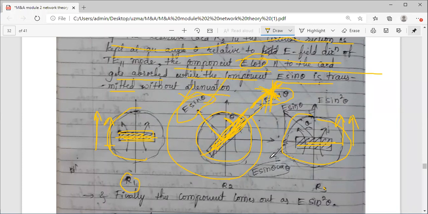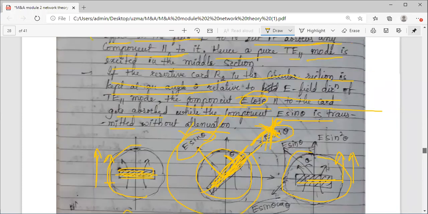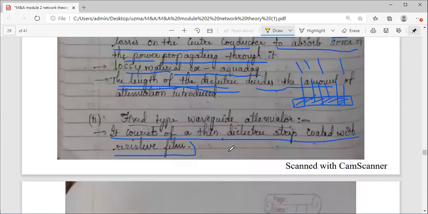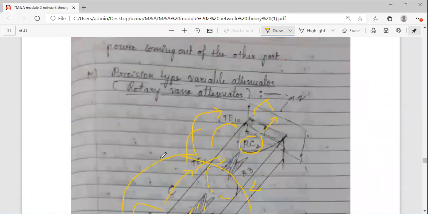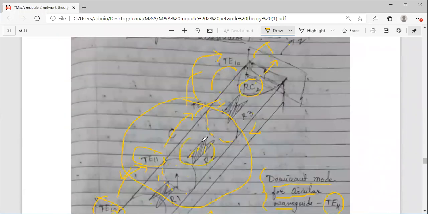So coming to the next level, we are now at the center position. Here, at some angle theta, with horizontal and vertical components, cos theta will not come, only sin theta will be there. So this will be transmitted to the next level, that is towards R3. Here we will see what is happening.